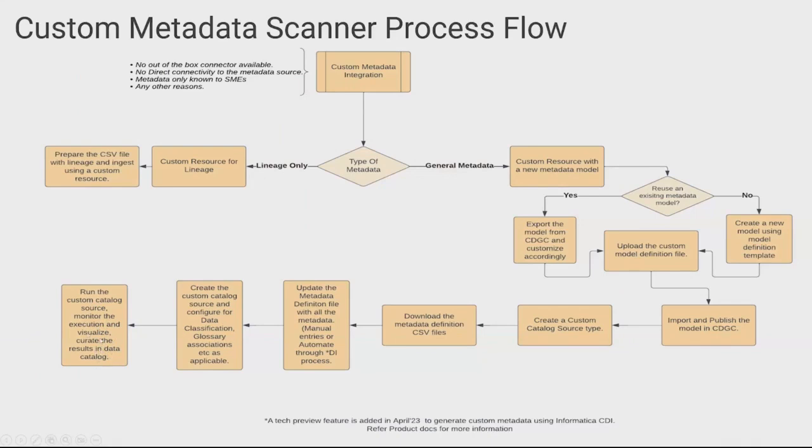You have to visualize the output of the scan, see if you see the metadata in the right hierarchy, all the relationships in place, and then curate the results, like maybe any data classification association or any business term association. So you can go to the AI discovery dashboard, like the CLAIRE dashboard, and look for all those things. And these things are the same for custom resource or any regular resource.